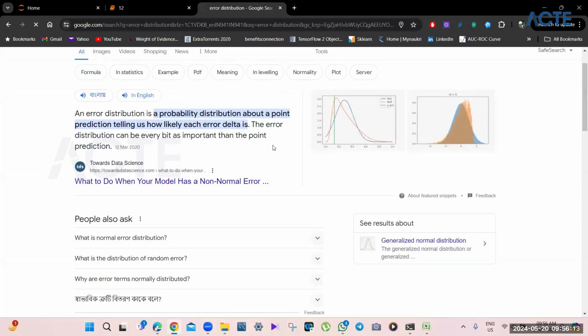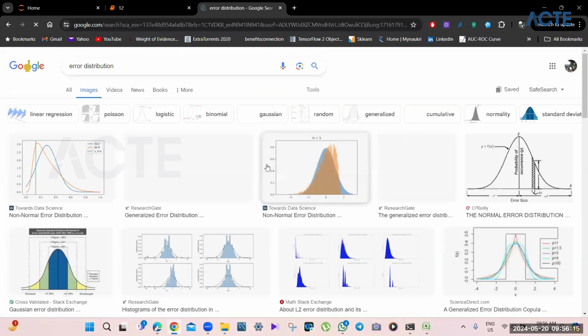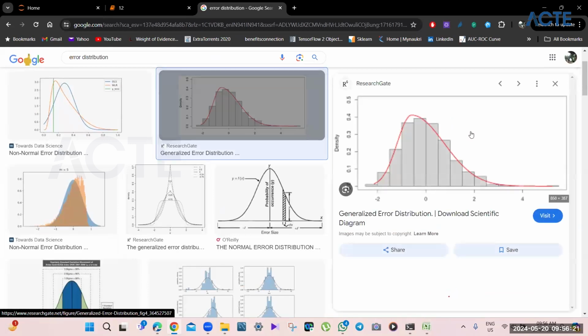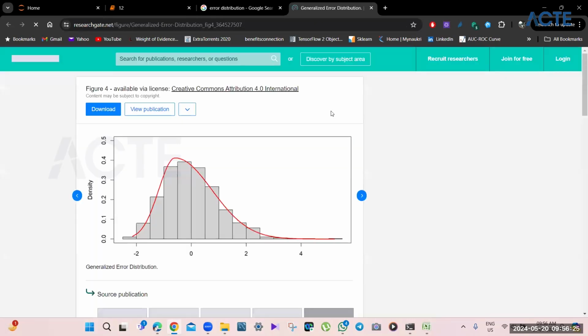Let me get a good picture first. This is better. So what does the error distribution mean? It means if I put the errors into a probability distribution graph, how much will the errors be distributed?